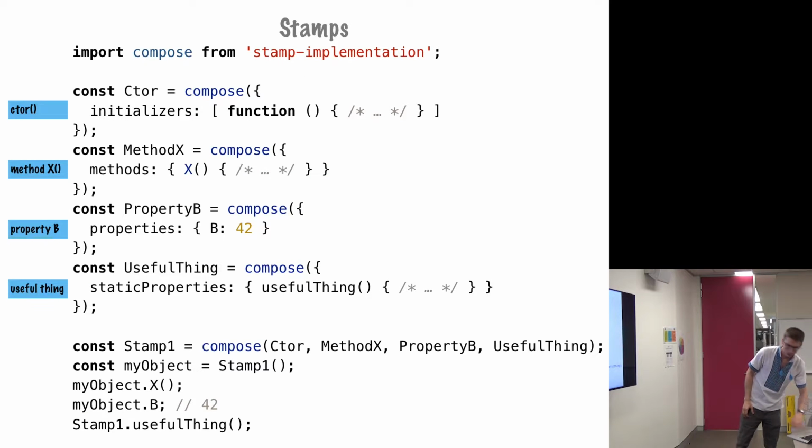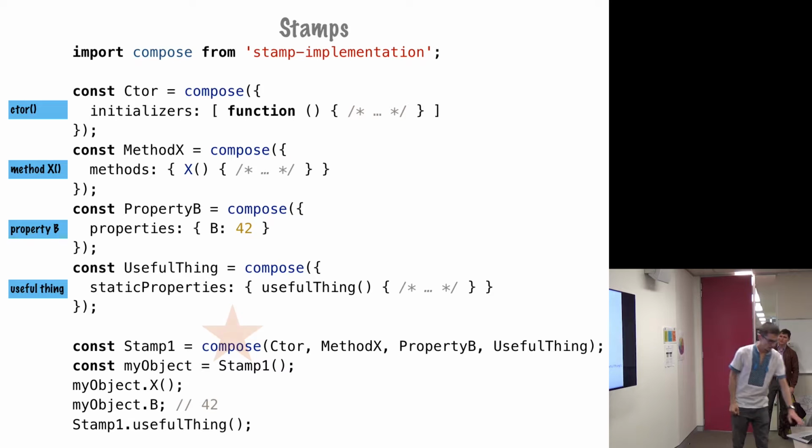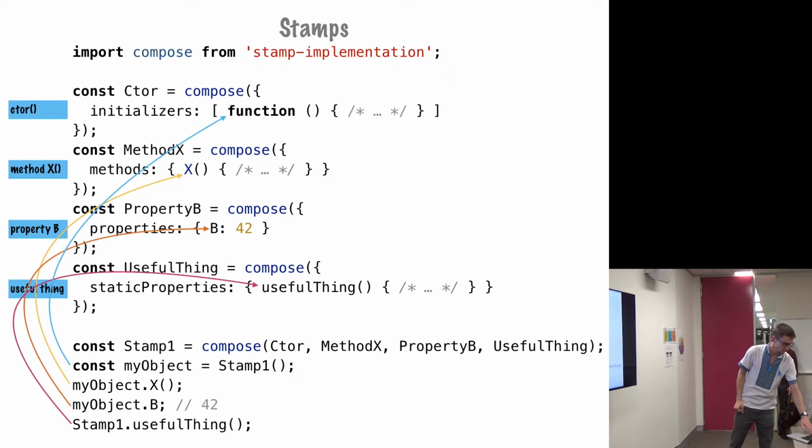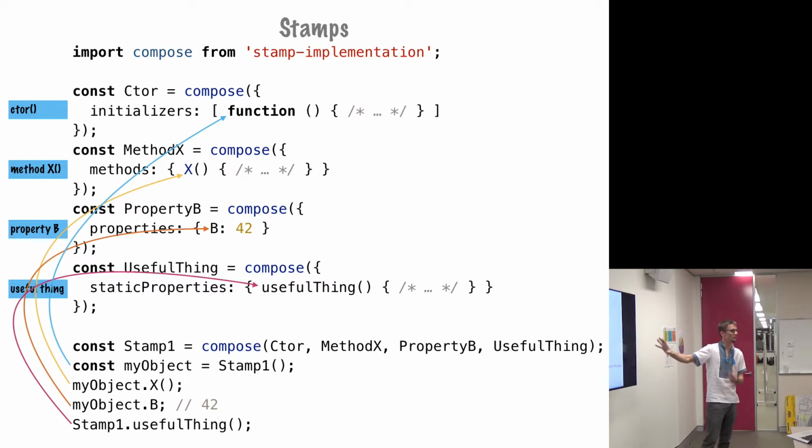So all the previous code in a single slide with the same magical compose function. As you can see, I'm just drawing the lines. It's just a beautiful slide I put up so that you could really understand what's coming from where. But it doesn't really mean that you have to create four different stamps and then combine them all.